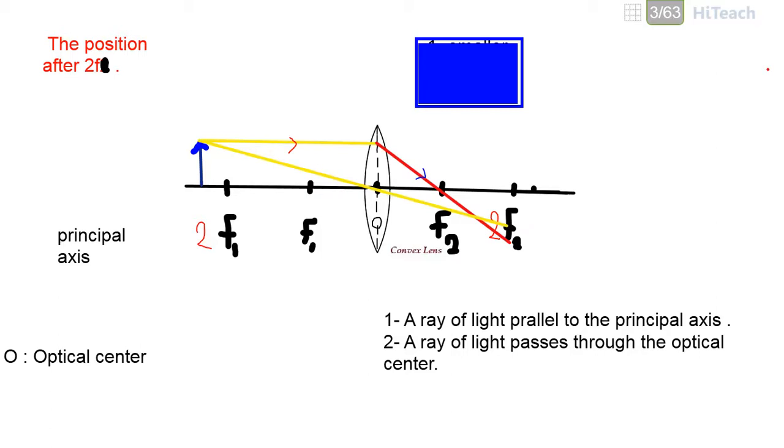Look here, this is the direction. It continues without refraction, and they meet at a point. The point where the two refracted rays meet or converge is the top of the image of the object.